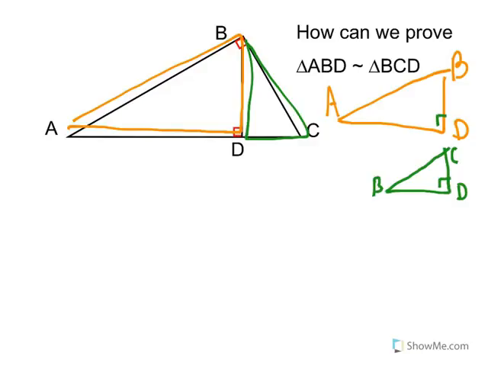Now, like in the last example, the triangles do not overlap at an angle. Yes, we have the right angles at D, but we don't have another angle that we can use. So we can list the right angles.